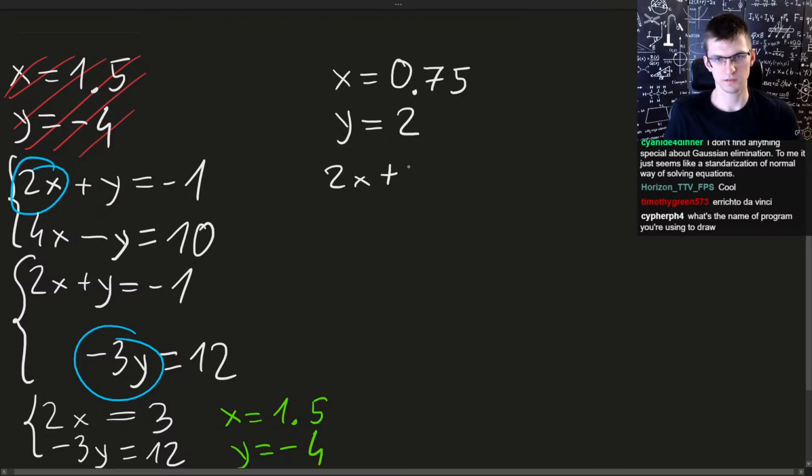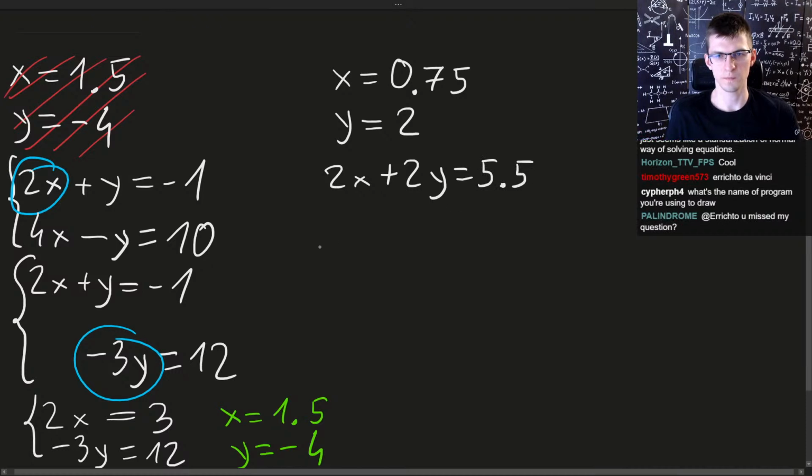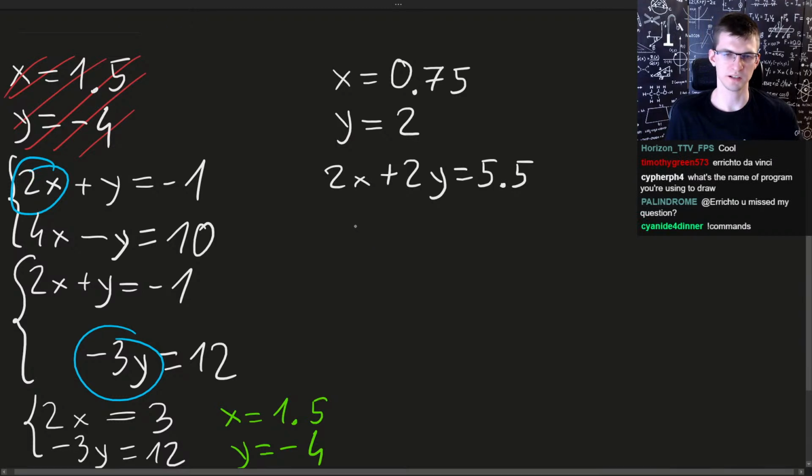2x plus 2y is equal to 1.5 plus 4, 5.5. And then 0x, or let's say again 2x. No, I don't want this to be exactly the same. Using this I will get rid of that part, so it can be like 4x. This is 3 plus 1, 4.